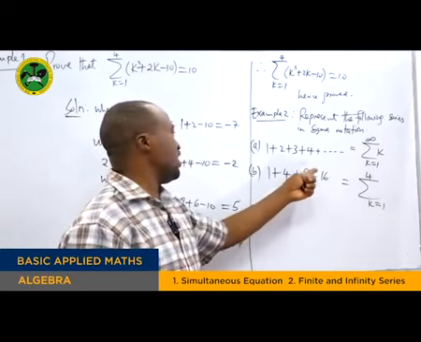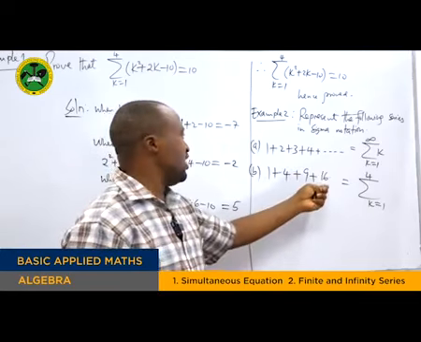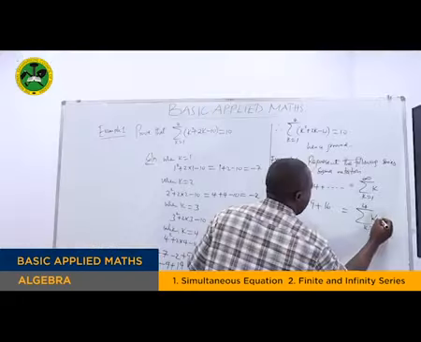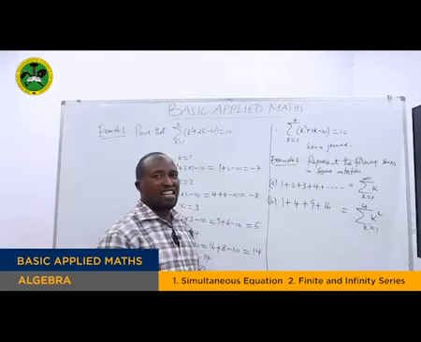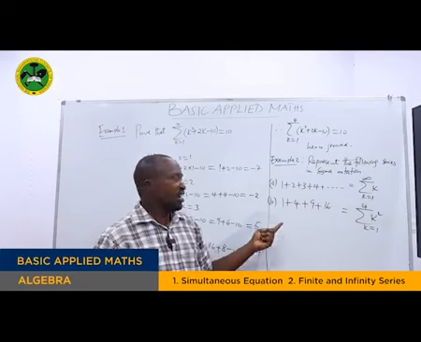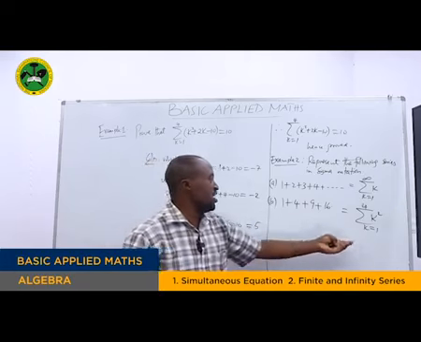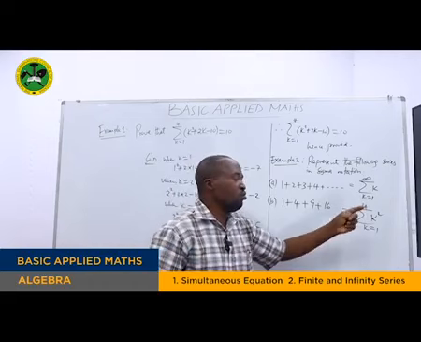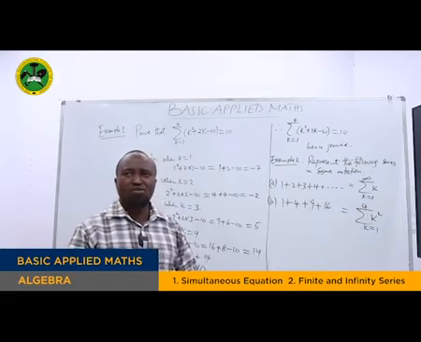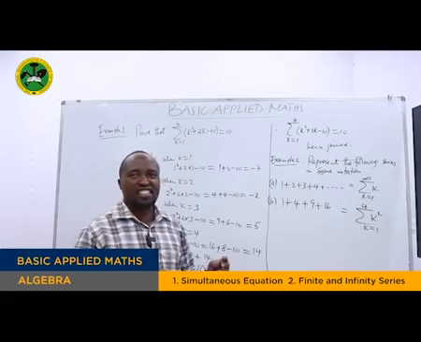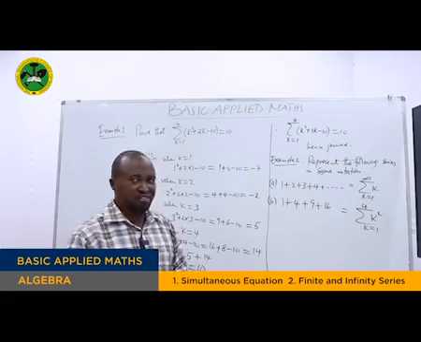Again, you have 3 squared, that is 9. 4 squared is equal to 16. So it's the same as k squared. That means when k is equal to 1, 1 squared is 1. Again, when k is equal to 2, 2 squared is 4. Then proceed up to 4. So that is how to use sigma notation to write the given series.